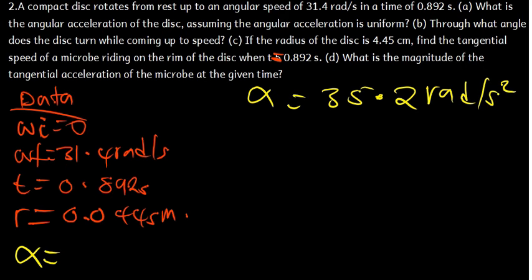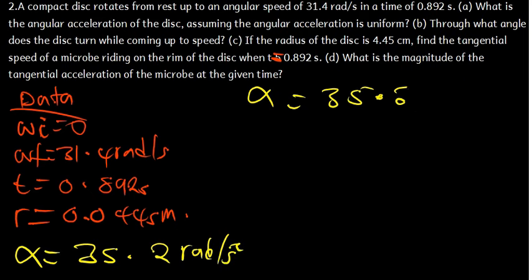Now this answer I can just put here: 35.2 rad per second squared. Let's go to part B. Part B is asking through what angle the disk turns while coming up to this speed. So they want us to find the angular displacement.